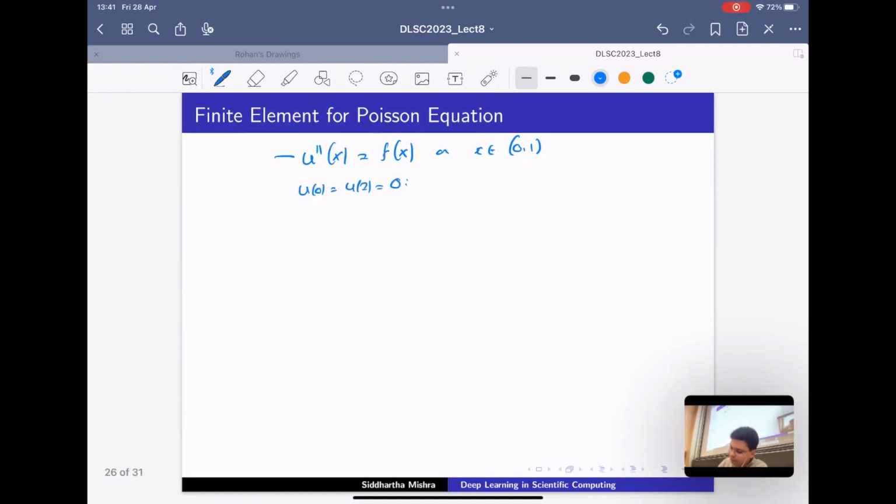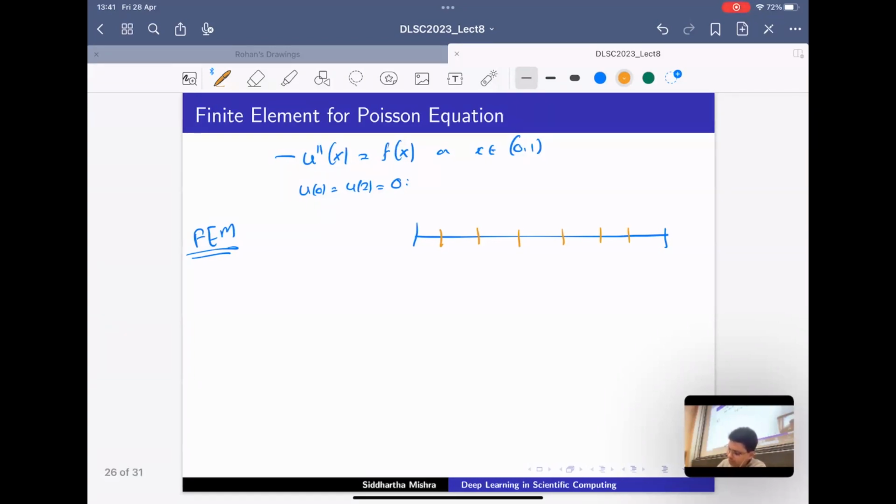A finite element method, some of you might know this, others might not. It's a very, very simple method. What you do is you start with a domain. Again, you discretize it, so divide it into points, right?